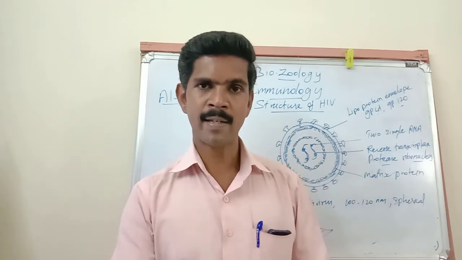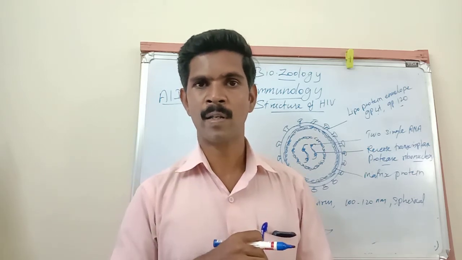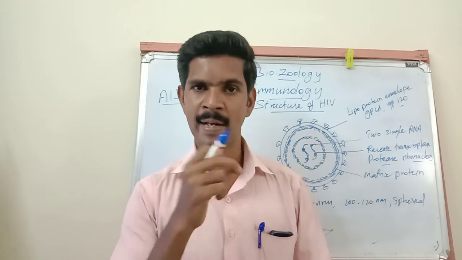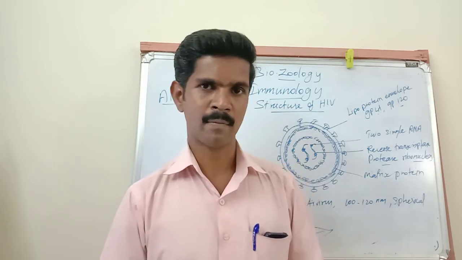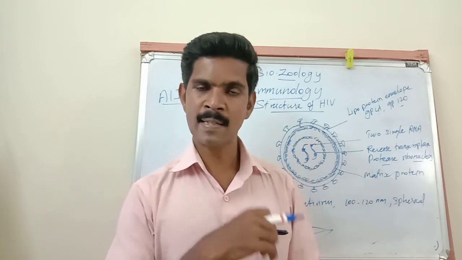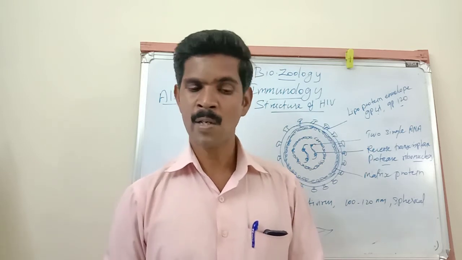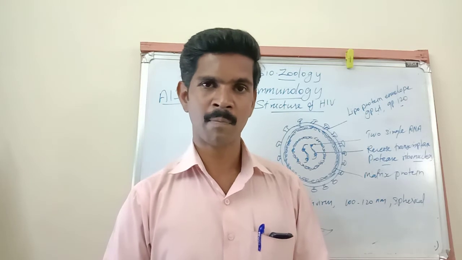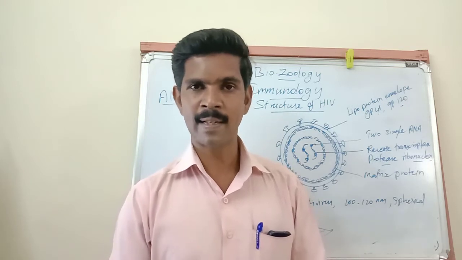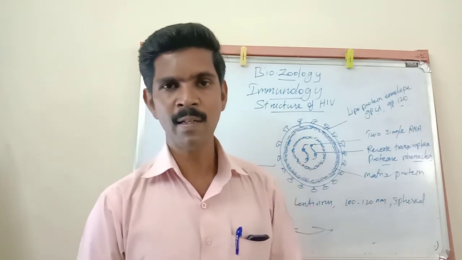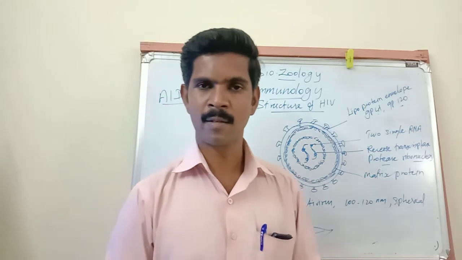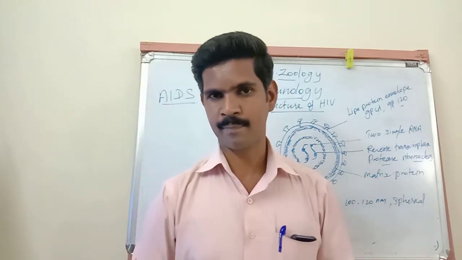When the HIV virus enters the body, our immune system produces HIV antibodies. So if any antibodies are present in the blood, it indicates the person is infected with the HIV virus. This is the ELISA test.